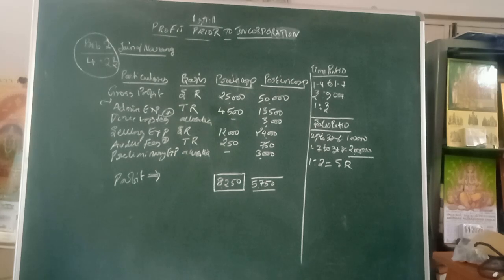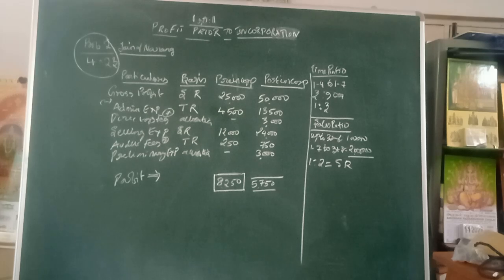Because the business will attain the position of a company only if it is incorporated, registered as per the Companies Act. So after that only we can take the director fees. That's why it is taken as allocated or post-incorporation period, whatever name you mention in the column basis.